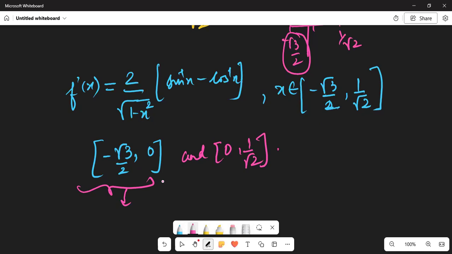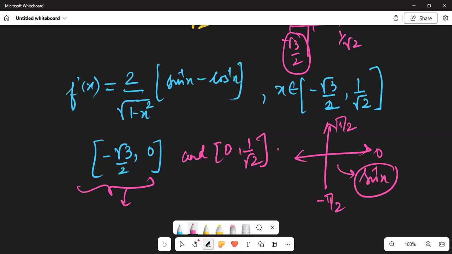And you know that sine attains negative value in the fourth quadrant, in the principal branch. That means when x is negative, sine inverse x is lying in the fourth quadrant. Because in the first quadrant, sine is positive, and since x is negative, we are talking about the fourth quadrant. The sine inverse x gives values in the first and fourth quadrant. So we're talking about the fourth quadrant.